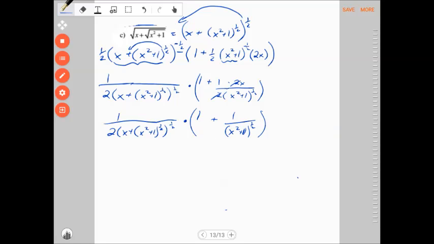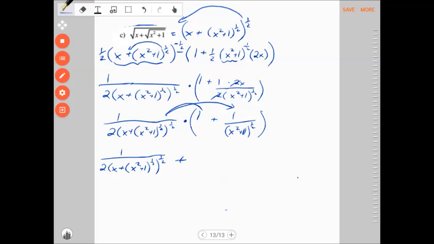Okay, so that looks okay. We still shouldn't have the two separate chunks. We should be combining them. So that's a binomial, so that's going to distribute to both of those pieces. Anything times 1 is itself, so we're just going to get 1 over 2 x plus x squared plus 1 to the half to the half. I know that's weird.